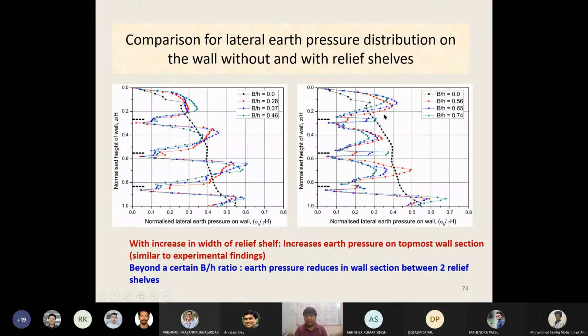If we keep on increasing the width, you can see the earth pressure in the upper part of the wall has also increased, and this is similar to the physical model test finding. So whatever we got over here is similar to the physical model test, and that is a point of satisfaction for us for both kinds of studies, that this is matching with the physical model test.